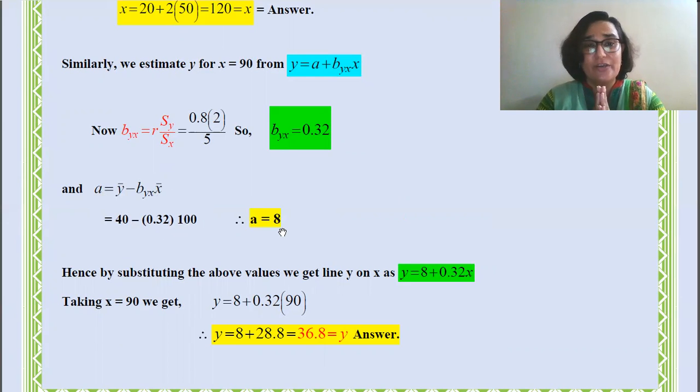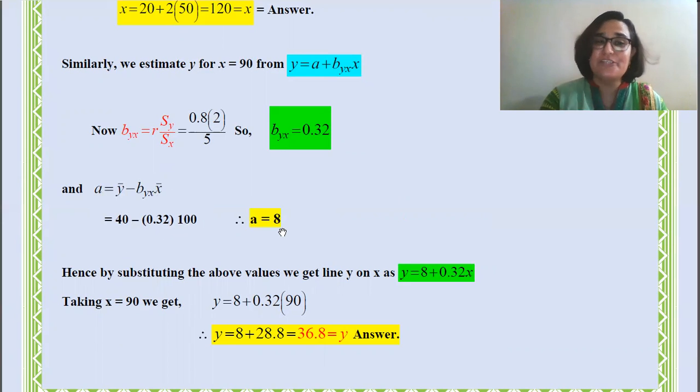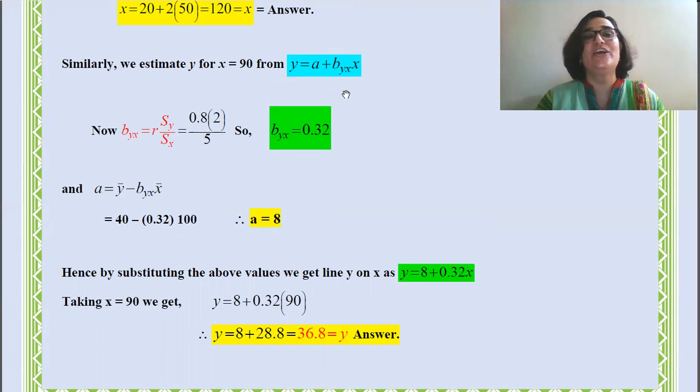बोलो जल्दी, अभी क्या करोगे? byx मिल गया, A मिल गया, अब क्या करेंगे? Yes, very good. You will substitute these values in your y is equal to A plus byx x. Absolutely correct. Okay, so कितना मिला? देखिए, y is equal to 8, जो आपका A था, plus 0.32, जो आपका byx था, x.